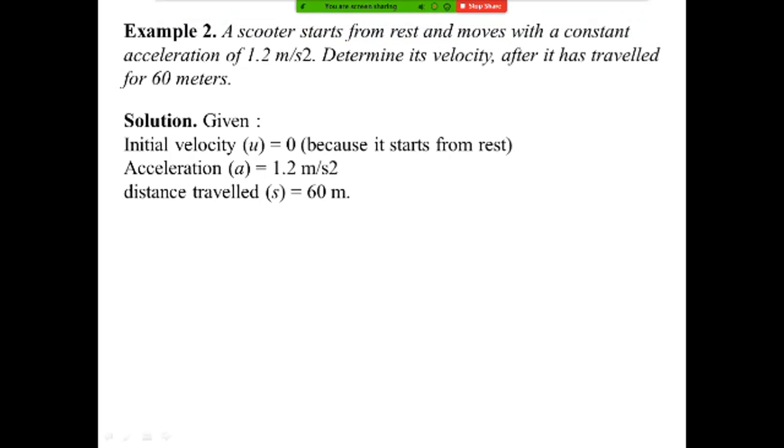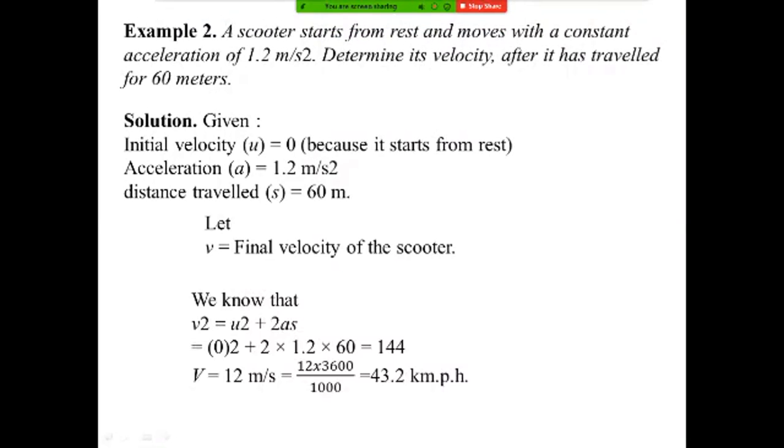We will see the data given. Initial velocity u is 0 because it starts from rest. Next, acceleration a is given, and distance traveled s is given. Now which formula do we have to use? We have one formula, s equals ut plus half at squared, or this one, v squared minus u squared equals 2as.